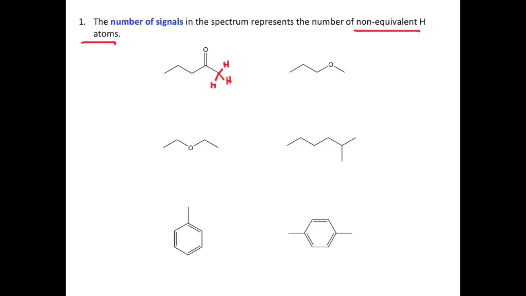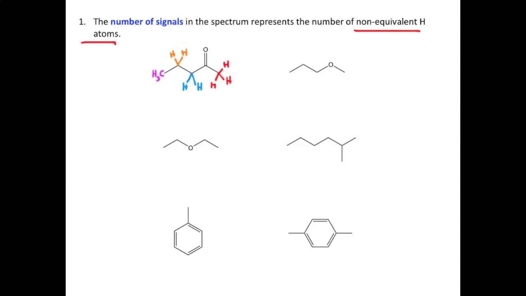We can now draw in, again on the other side of the carbonyl, 2 more equivalent hydrogens in blue, another 2 more equivalent hydrogens in orange, and then finally at the end we have a methyl group where we have 3 hydrogens that I've drawn in purple.